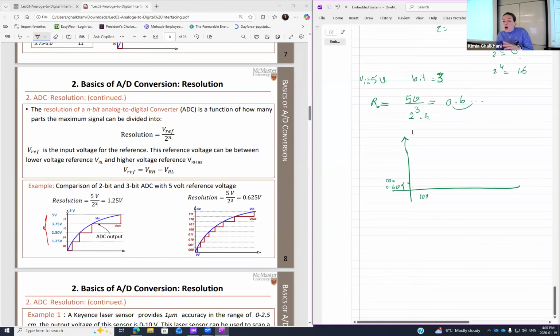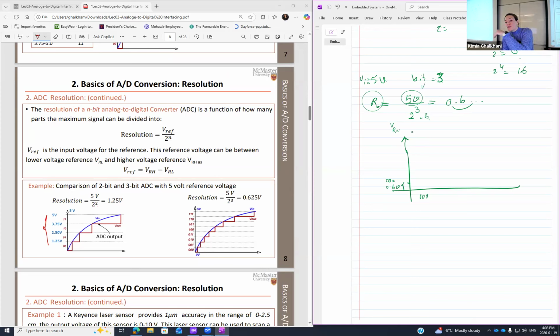Voltage reference is always, we continue with that voltage reference up to come to Vin. Voltage reference means the one coming out of the digital to analog. When I look at the resolution in here, I'm going to say my voltage reference at some point is the maximum of VDAC.